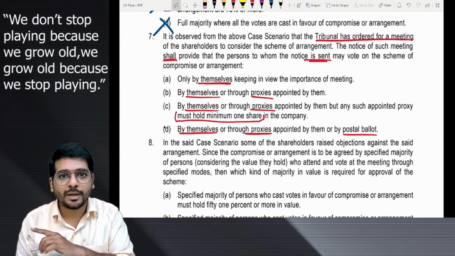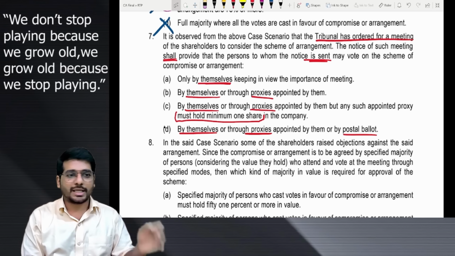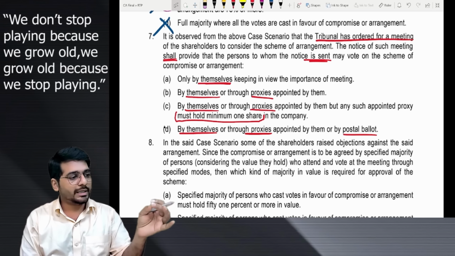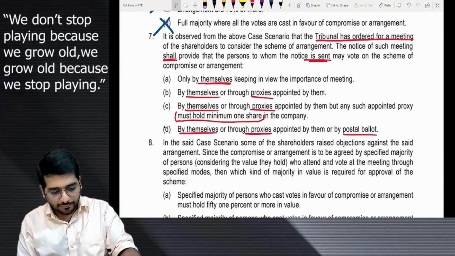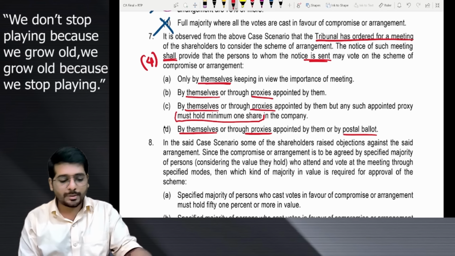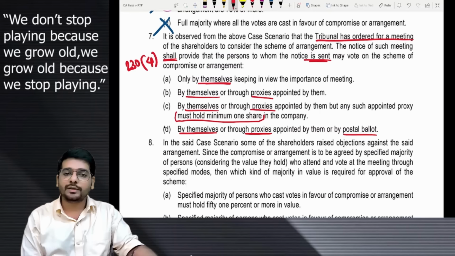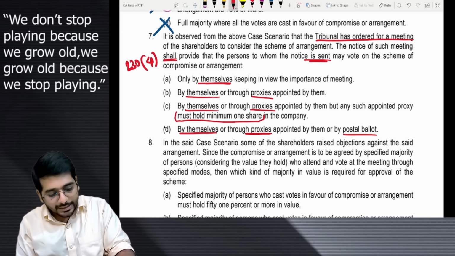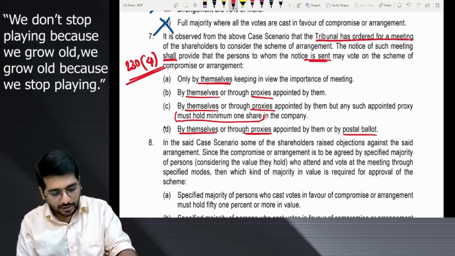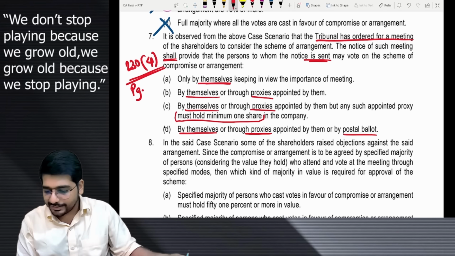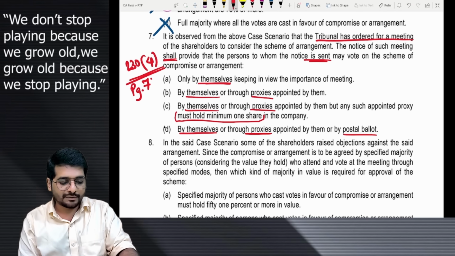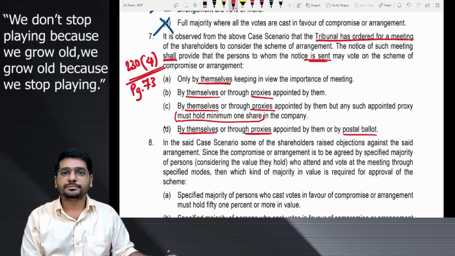ADOANSOR DAPTA is the keyword that we used in the class. ADOA, meaning the fourth point that was supposed to be our subsection 4, and this is compromise arrangement, so it is section 230. And in this particular provision, you refer to page number 73 in my book.